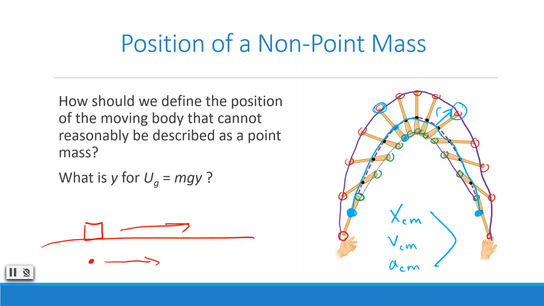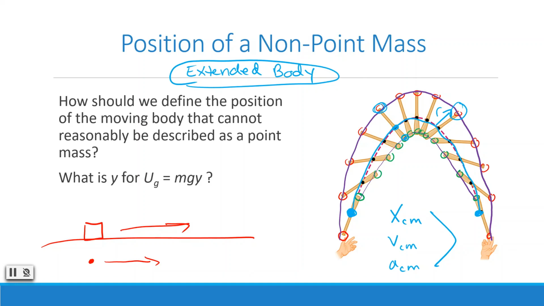So one of the things we have to look at first is this idea of potential energy. One type of problem that comes up frequently is when we start looking at what we call extended bodies. An extended body is an object that you cannot easily or reasonably treat like a point mass.